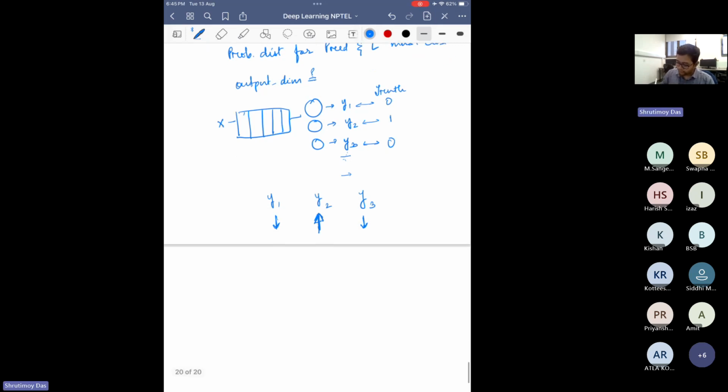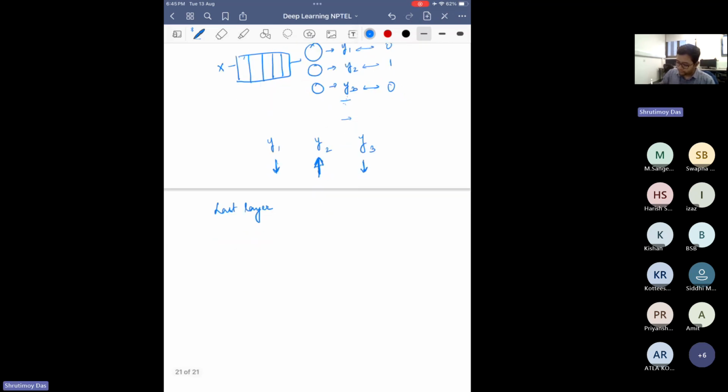So now, if we look at the last layer, what happens? We have some hidden pre-activations, or the aggregations, right? Since this is the output, I'm naming them as out.